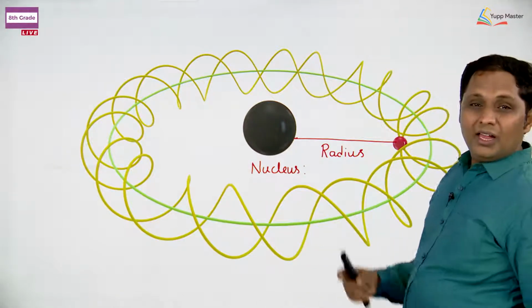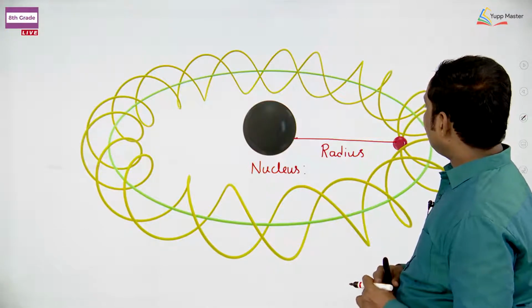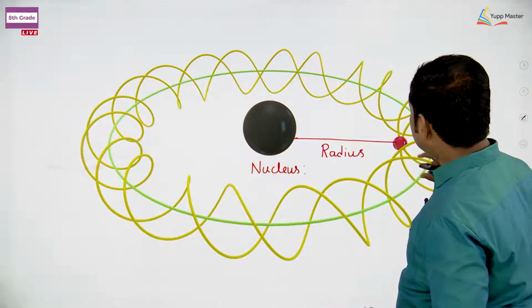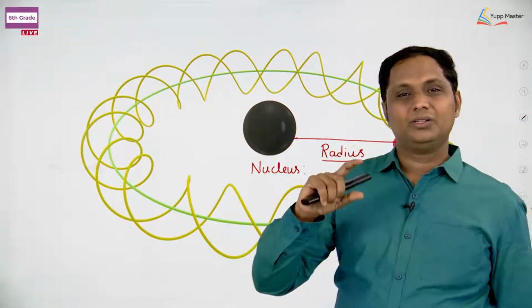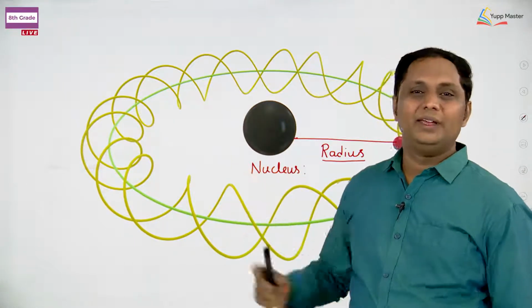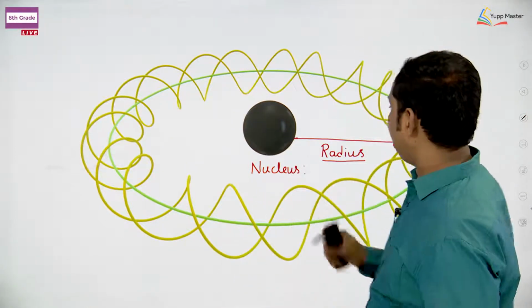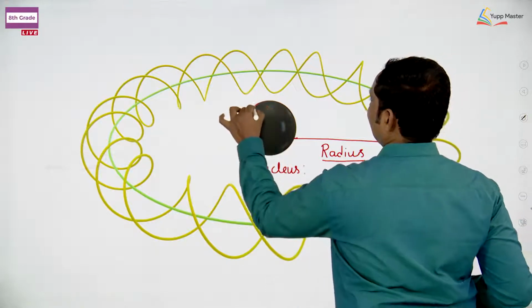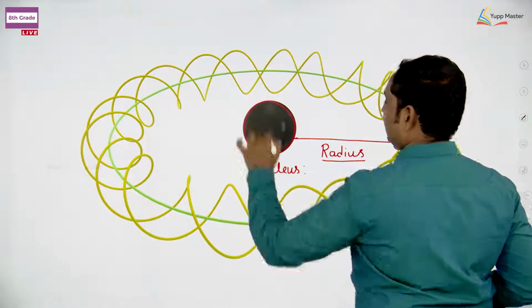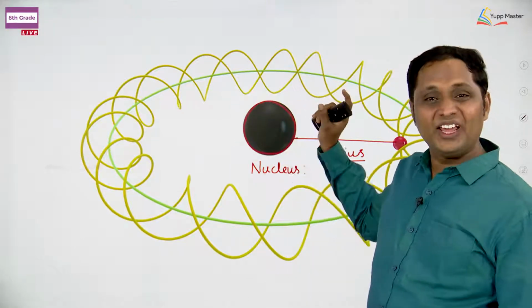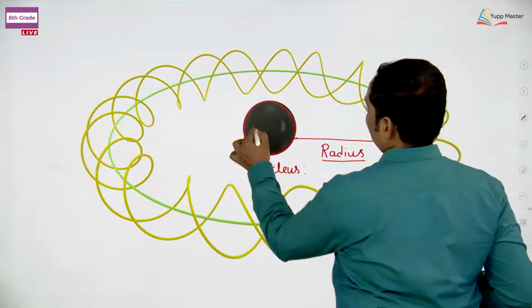All right. Now if you are taking that, the radius of the orbit can be expressed in terms of angstrom units. It's very clear. If you are going to take that nucleus, the nucleons and their cross section area can be expressed in terms of Born.